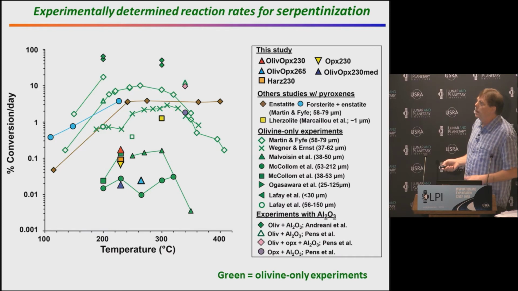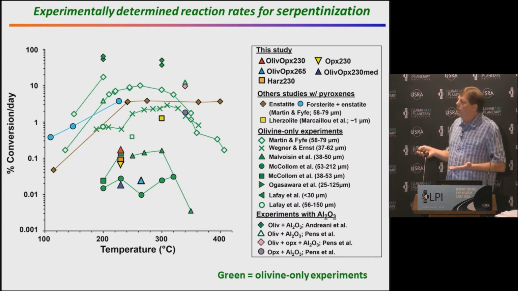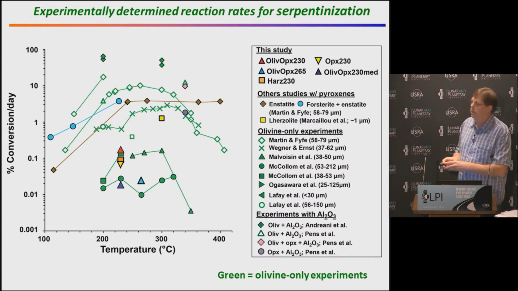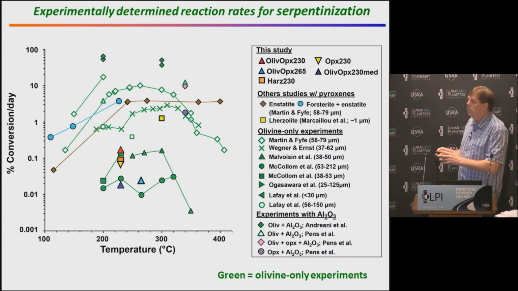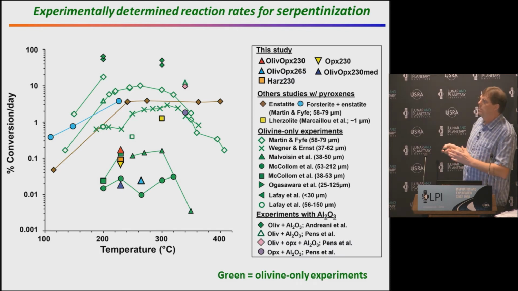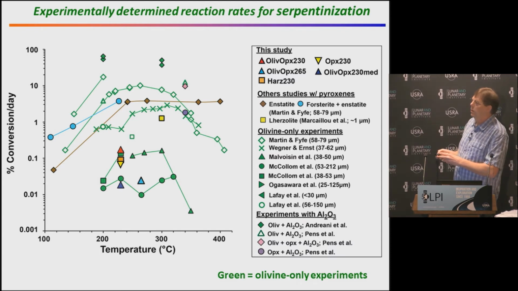So here's a compilation that I put together of all the currently available data on the rates of the serpentinization reactions. Up until a few years ago, the data that we had available were these sets of experiments here from the 70s and 80s, and those were used pretty much by most people to determine what the rates of this reaction were like.